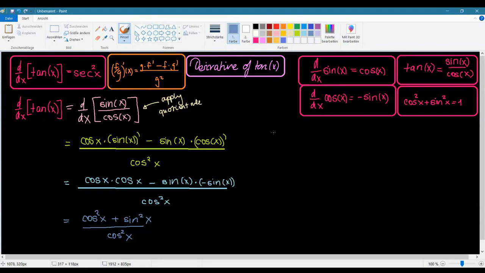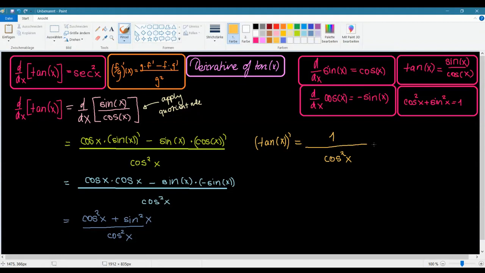This is going to become, I'm actually going to start writing tan x prime to make my life easier. Tan x prime equals 1 over cosine x squared.